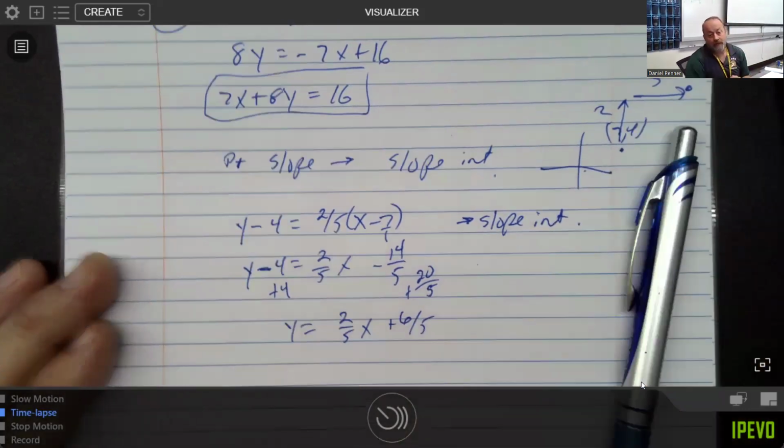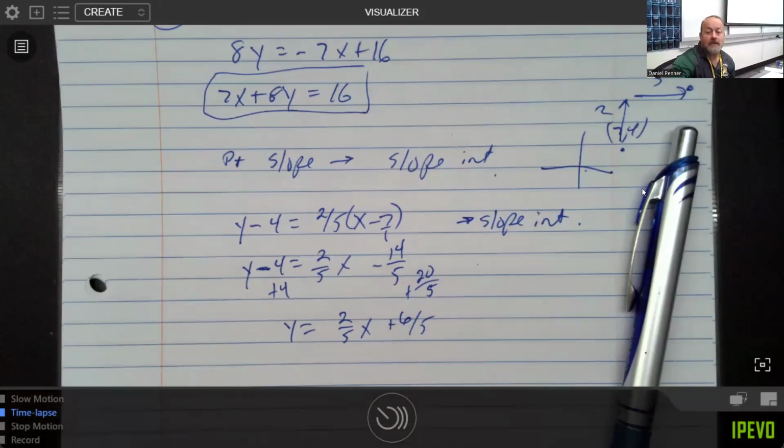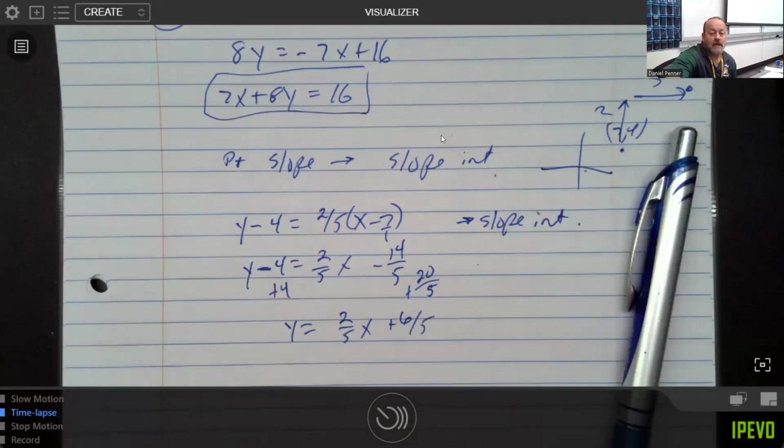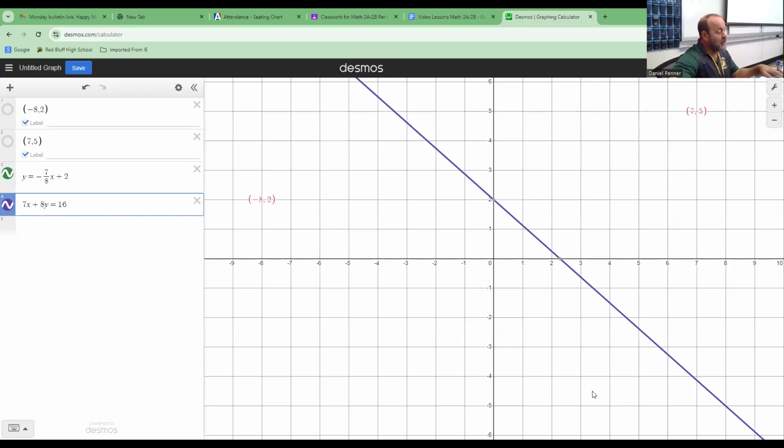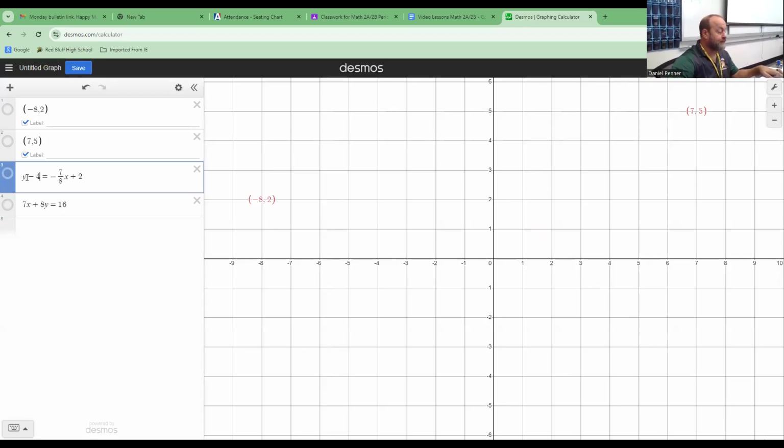Now, again, it would be pretty easy for me to check this answer and make sure that I did okay in Desmos, right? So let's just change this up. My first equation was y minus 4 equals, let's see, I had 2/5 x, and looks like a minus 7.